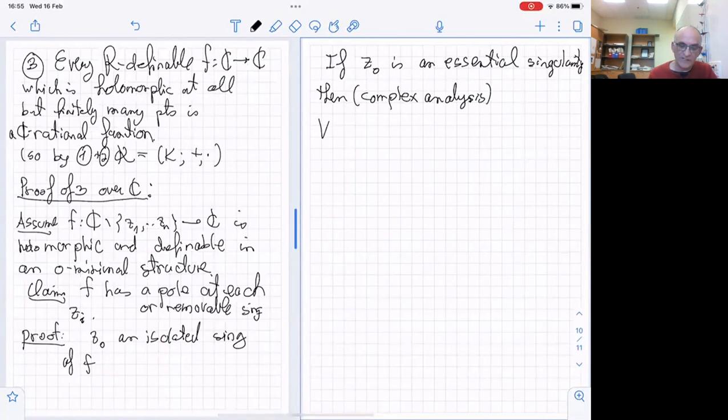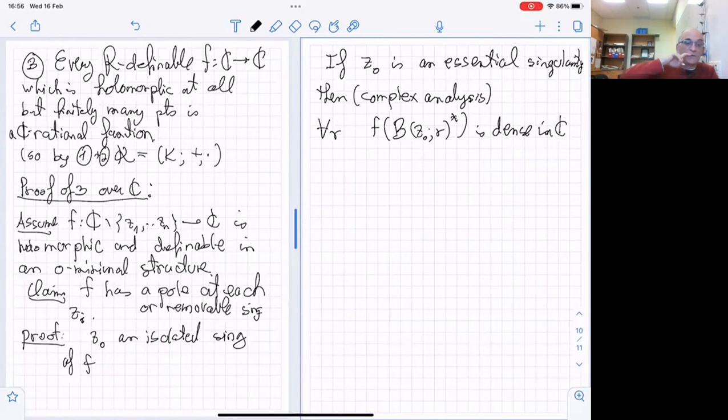We know that for every R, if you take the punctured neighborhood around, let's put a star like this, we know that around every essential singularity, the image of the punctured neighborhood is dense in C. Every punctured neighborhood of an essential singularity is sent to a dense subset of C. So now we just have to be convinced that this cannot happen when the function is definable in an O-minimal structure. Let's see why this is the case.